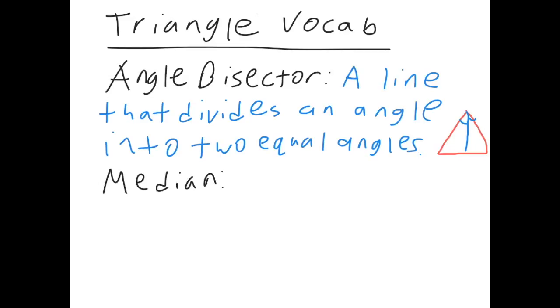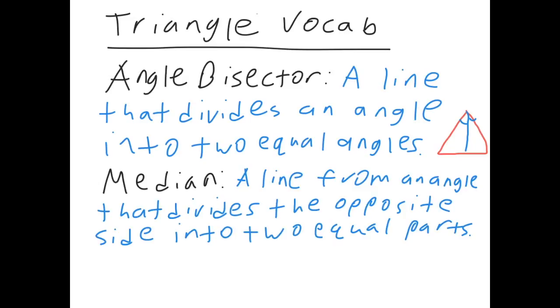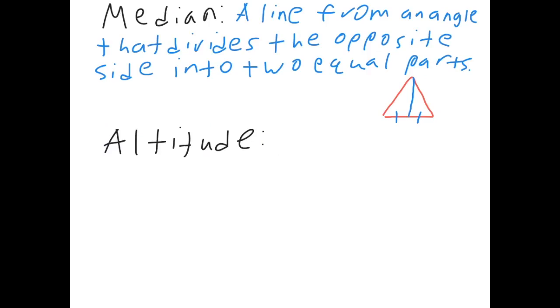Next, median. A median is a line from an angle that divides the opposite side into two equal parts. So if I have a triangle and I drop a median down, then that means this side is congruent to this side. And the last one we're going to talk about is altitude.